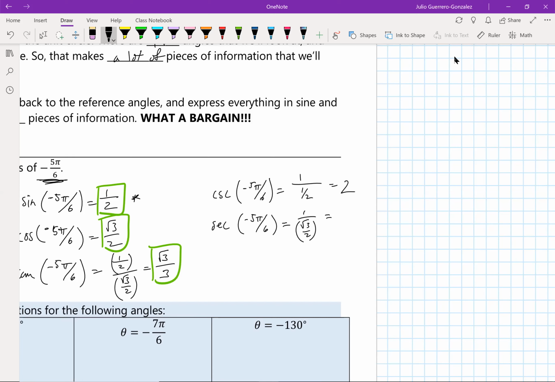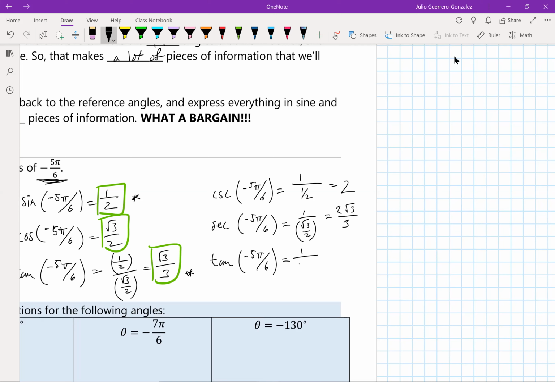And that reduces to 2 square root of 3 divided by 3. And then lastly, tangent of minus 5 pi over 6 is equal to, whoops, sorry, 1 over tangent right here, right?